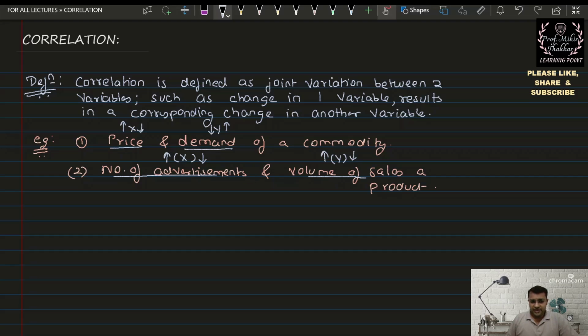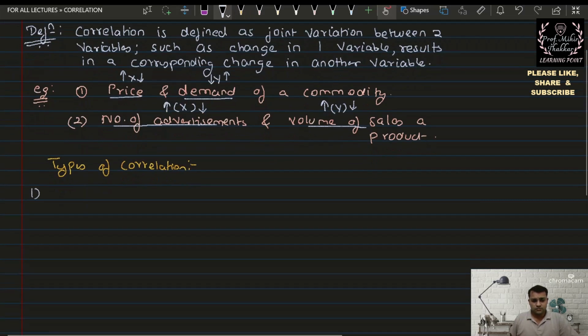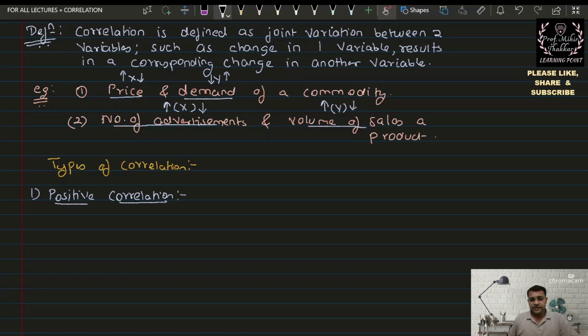So I can understand that the number of advertisements and the volume of the sales, they both increase or they both decrease at the same time. Looking at the above two examples, we can see over here that there are two types of correlation. One is positive correlation and the other has to be obviously the negative correlation.